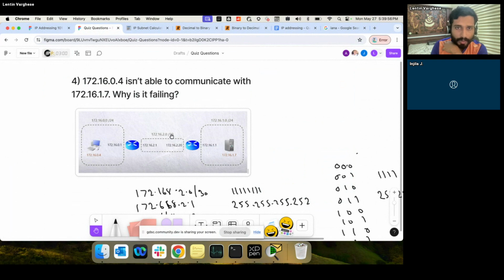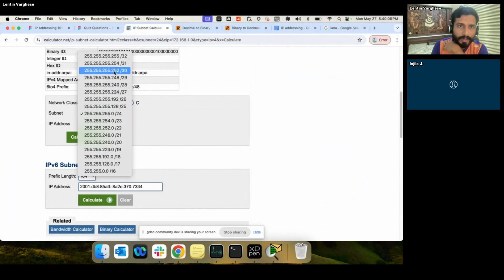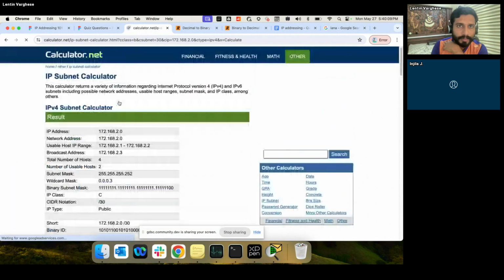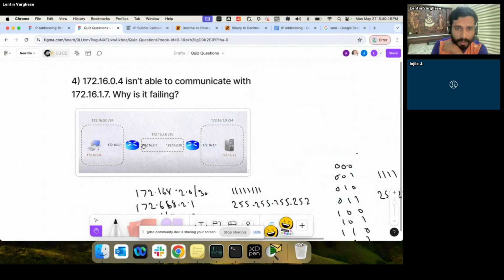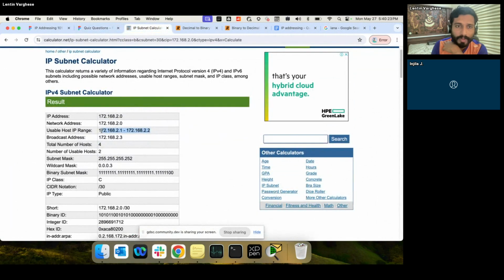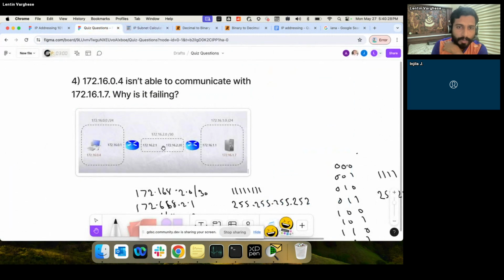It's 2.0/30. Now let's see, 2.0 and the slash value is 30. Now the usable IP address range is 2.1 to 2.2. Now, if you notice, one side it's 2.1, great, but the next side is 2.20, which is not part of this usable block. That means 2.1 won't be able to communicate with 2.20.